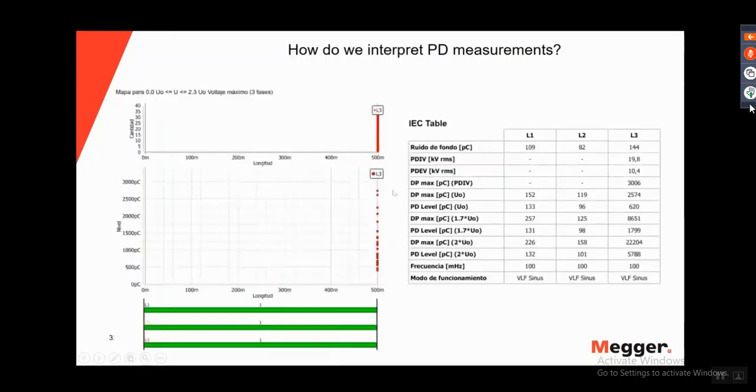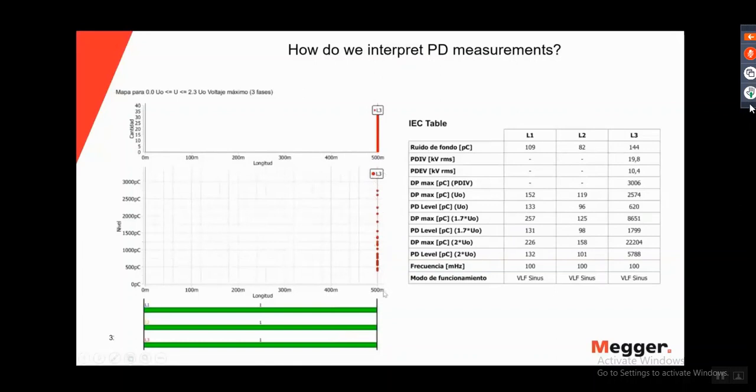And also it's very important the location of the PD activity. If you see, we didn't have PD activity in the phase L1 and L2, for the reason that we don't have any blue and orange dots in the graphic. But in the phase L3, you can see that we get a lot of partial discharge at the end of the cable.